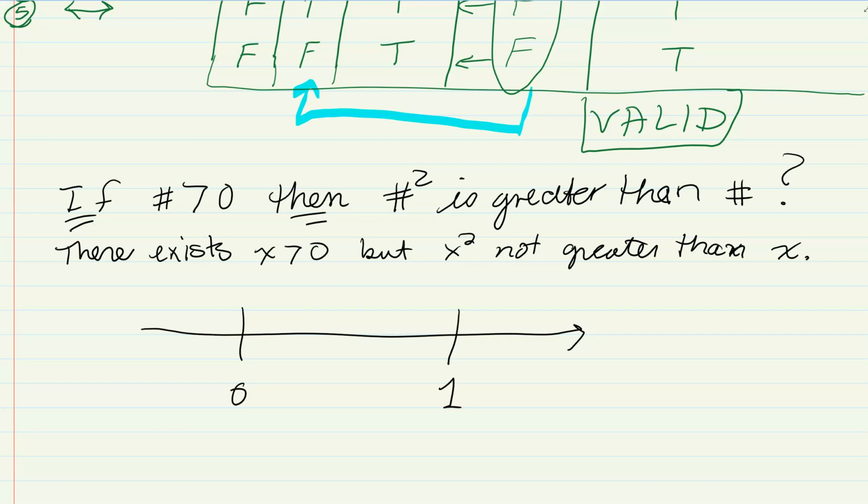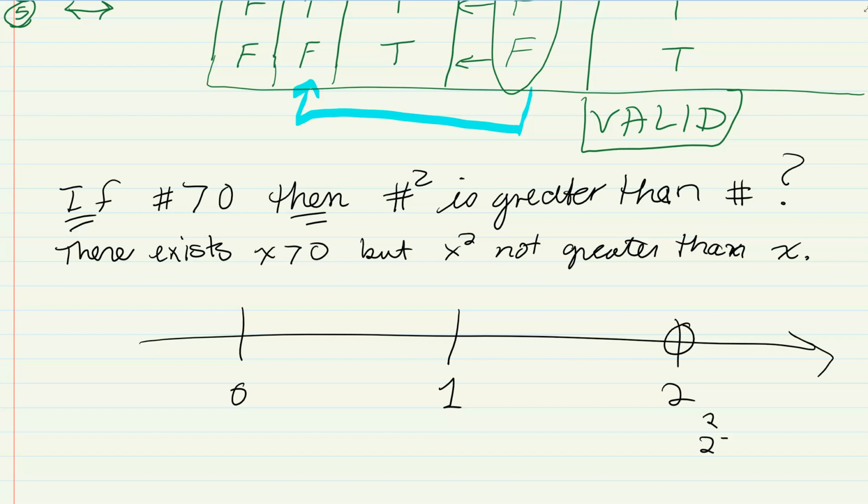Here is 1. Now, if a number is, say, 2, somewhere out here, where is 2 squared? 2 squared is 4, and we know 4 is greater than 2. So that confirms that statement.